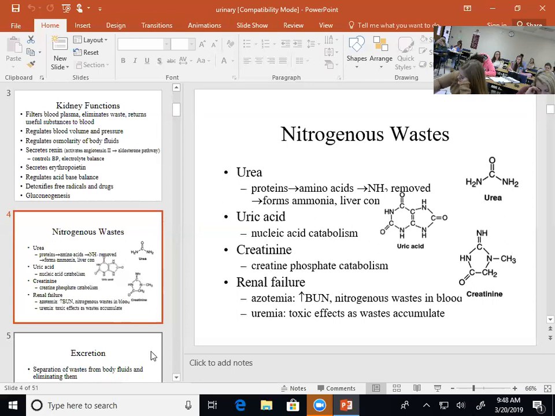But these are normal waste products of normal cells just working and functioning. Creatinine, this is creatinine phosphate catabolism. This is another byproduct, and this is actually from a buffering system that we have, and again, it's just a normal byproduct and breakdown product.